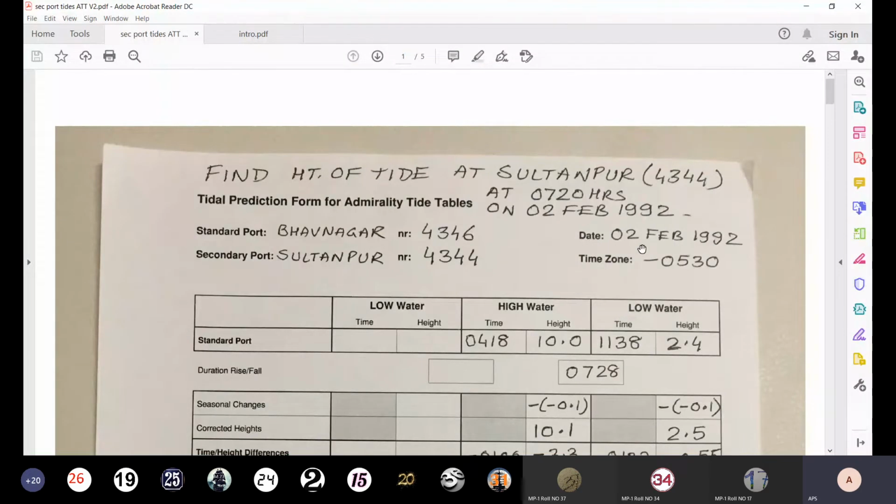Now we do the calculation. So this is a form which is given in your tide tables. In the beginning of the tide tables only you will have this prediction form. So either you can fill up there or you can fill up on your answer sheet.